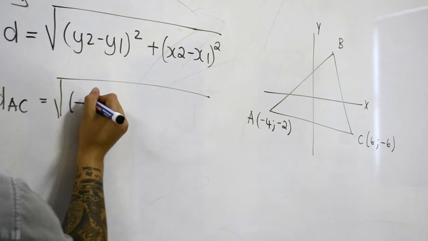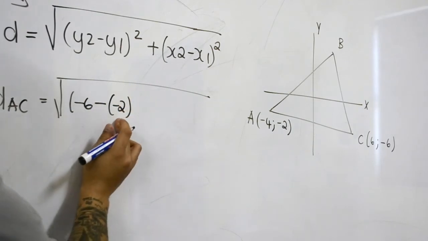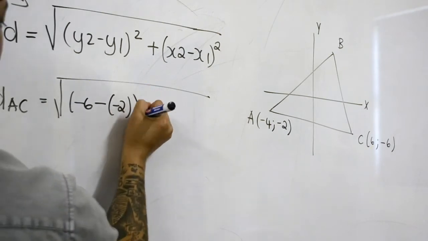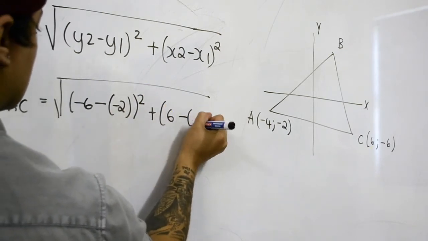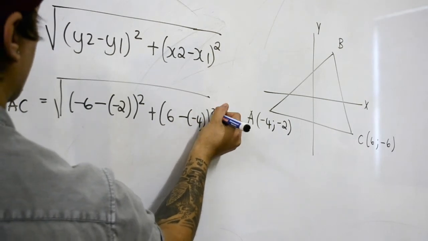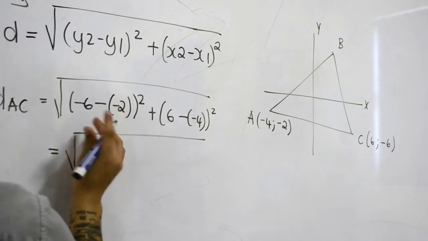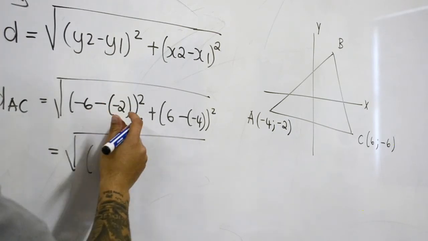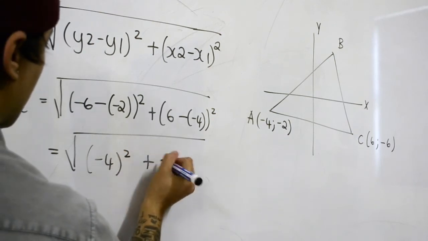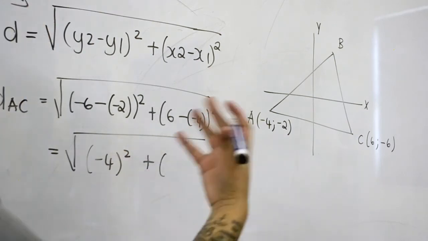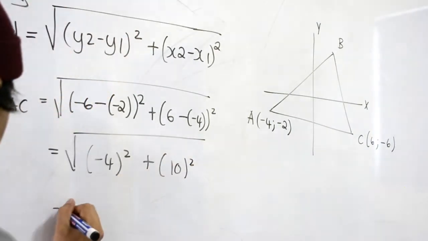So y2 is -6 minus, and notice especially when I sub in negatives, I pop it in brackets, (-2), all squared, plus 6 minus (-4), all squared. -6 plus 2, because minus a negative is obviously positive, is -4 all squared, plus 6 plus 4 is going to be 10 all squared.